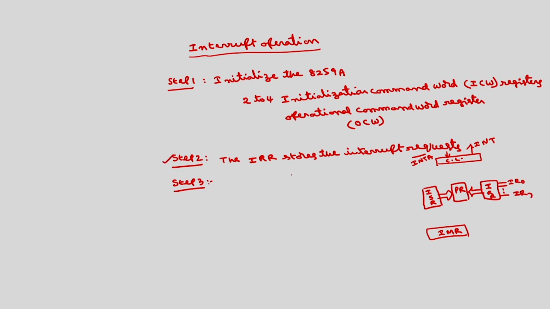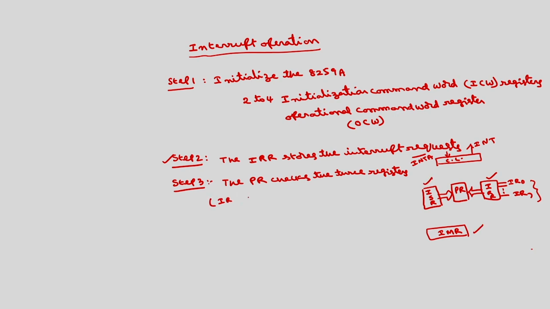So, in the second step, the IRR stores the requests of all the interrupts. Then the next step is the priority resolver. PR stands for priority resolver. It checks the 3 registers. Which 3 registers?